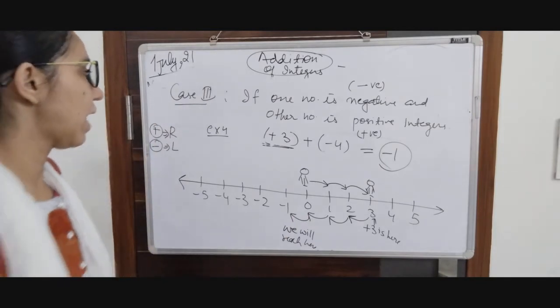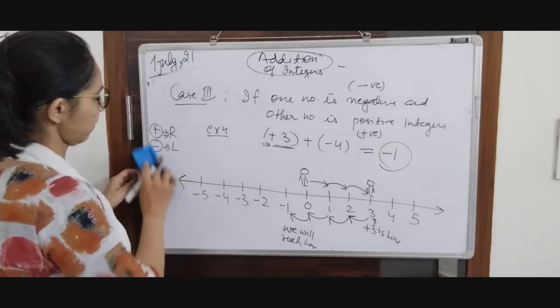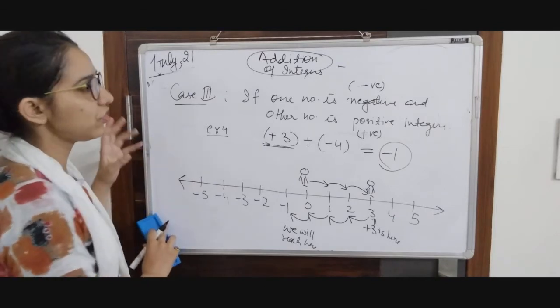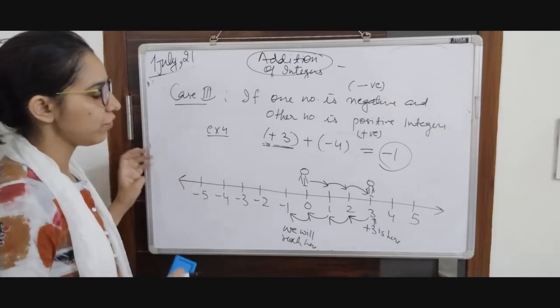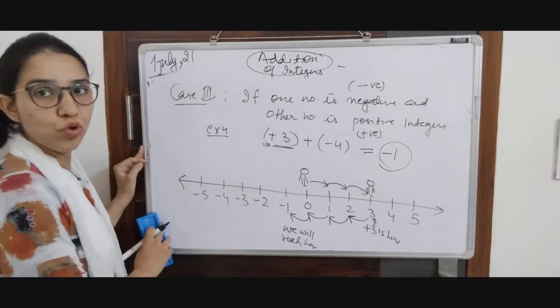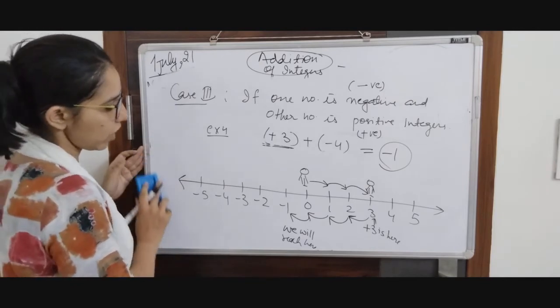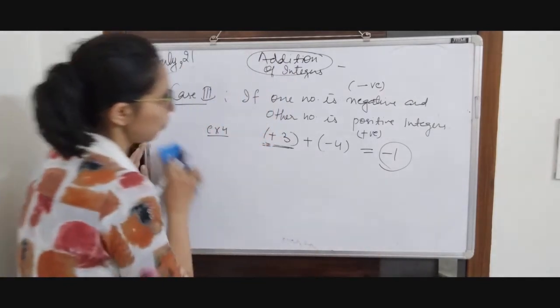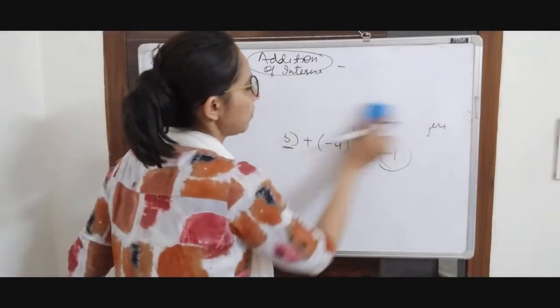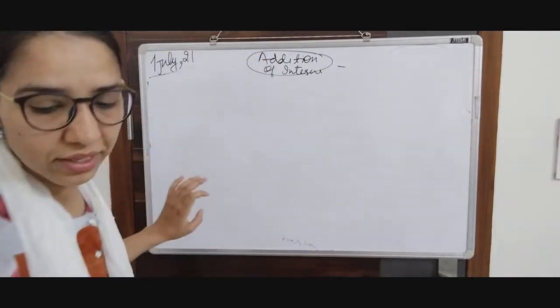So now we have done 3 cases and we can combine them into 2. If we are done with this, I am going to sum up the addition of integers like this.